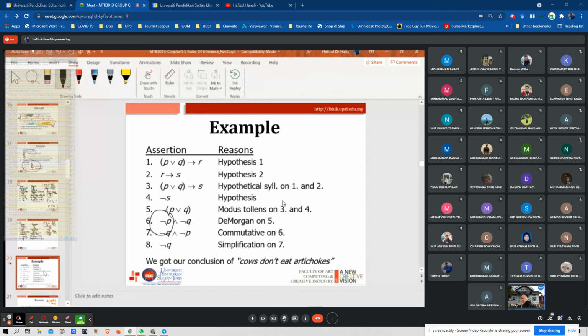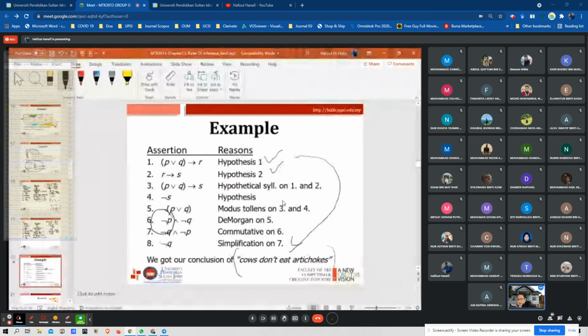We got our conclusion of cow doesn't eat the artichokes. Okay, please look for the hypothesis first, identify the hypothesis 1 and 2. And then lastly, you do the simplification on 7, because the last assumption is cow doesn't eat artichokes.